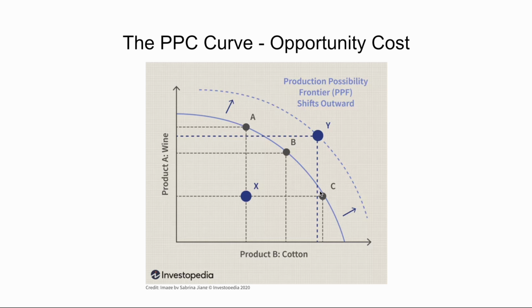Therefore, if we allocate, for example, all our resources into wine, we can't make any cotton. And if we allocate all of our resources to make cotton, the shared resource, the same resource for cotton, we won't be able to make wine. Therefore, there's an opportunity cost when viewing the PPC curve, and it's essential in evaluating that opportunity cost is an essential part of economics and in this PPC curve.